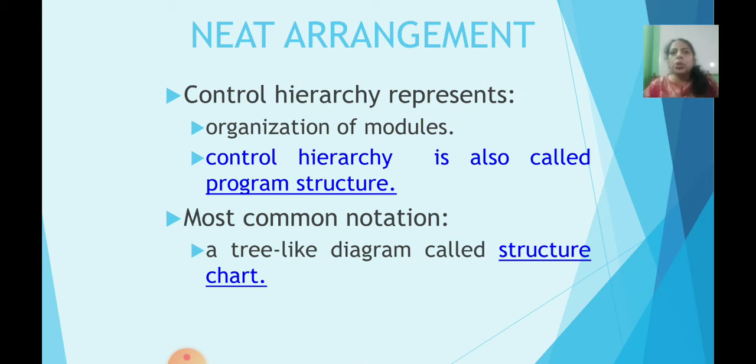The most common notation is a tree-like diagram called a structure chart, meaning mostly software engineers represent the modules in a tree-like structure, and that is known as a structure chart. Through the structure chart, the software engineers can easily convert the design document into a program.